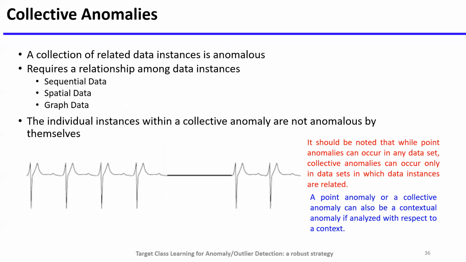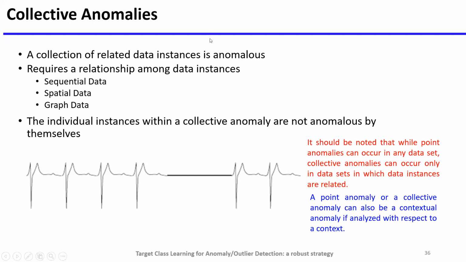The third category of anomaly is the collective anomaly. A collective anomaly means a collection of related data instances is abnormal, and here we require a relationship among data instances. For example, sequential data occurring in a repeated pattern, spatial data, or graph data.